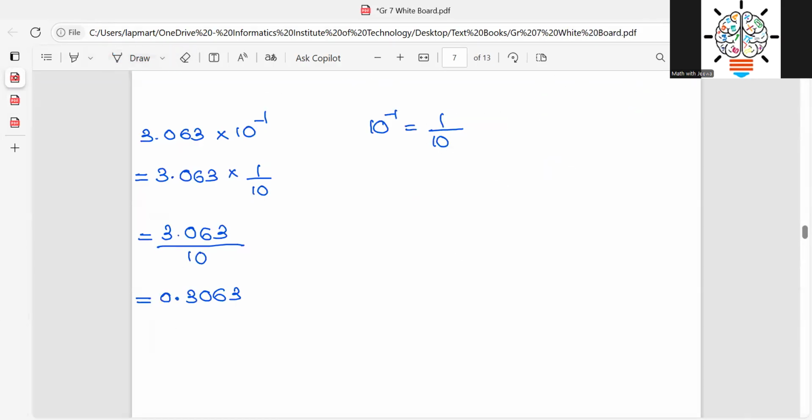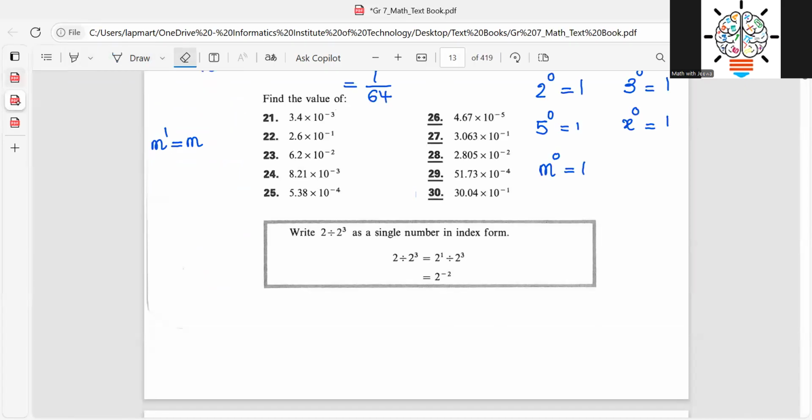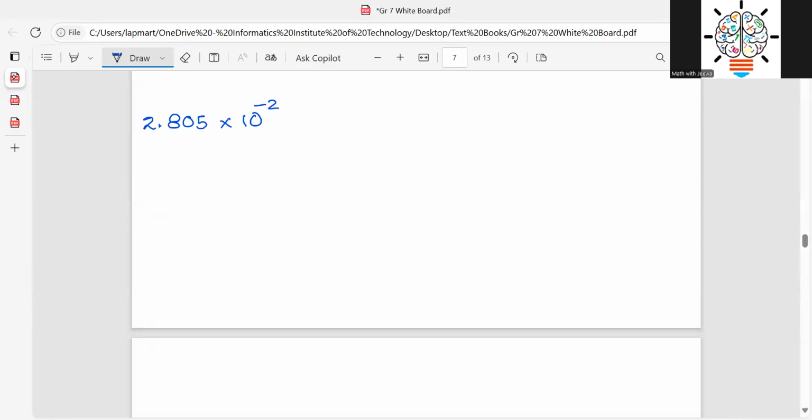2.805. So then we write 2.805 multiplied by 10 to the power negative 2. Negative 2. So then what do I write? 10 to the power negative 2 means 1 over 10 to the power 2, that means 1 over 100, right?